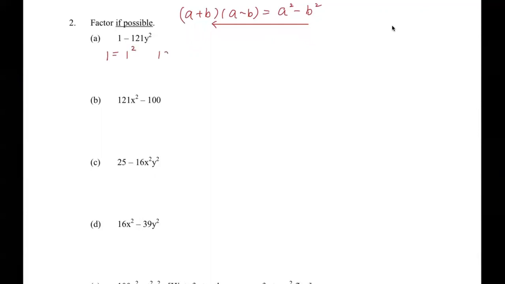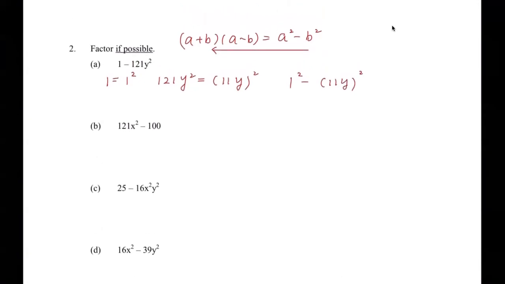And 121y squared can be written as (11y) squared, right? And that means the whole expression can be written as 1 squared minus (11y) squared.